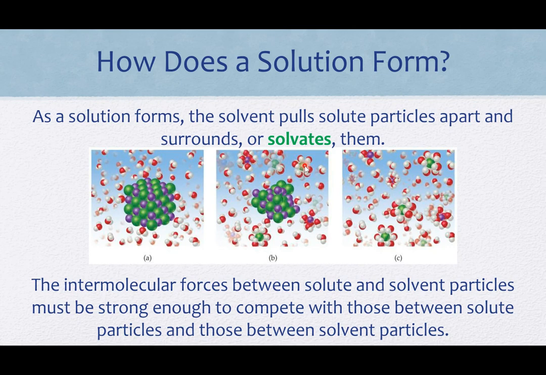Here we see our negatively charged chlorine ion surrounded by water with the hydrogen sticking in. And here we see our positively charged sodium ion surrounded by water with the oxygen, which has the partial negative, facing in. So this is the process of those water molecules breaking up the solutes and surrounding them. And here we see a completely dissolved situation where all of the ions are separated.